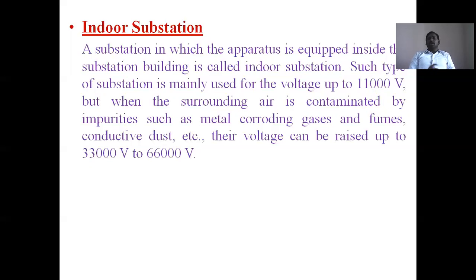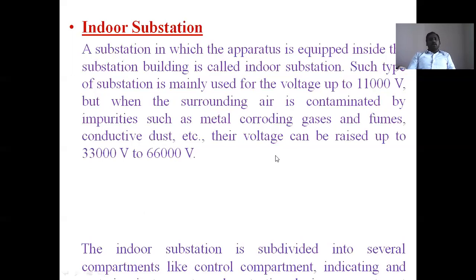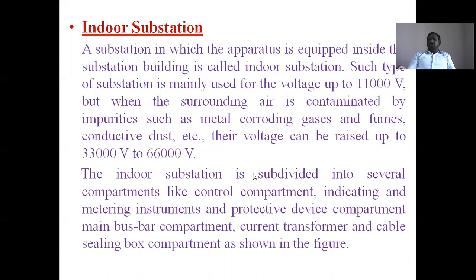But when the surrounding air is contaminated by impurities such as metal coating gases and fumes, conductive dust, the voltage can be raised up to 33 kV to 66 kV. That means up to these voltage levels also we can construct an indoor substation. Now we can see some operational aspects of an indoor substation.